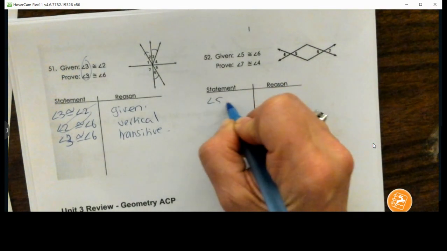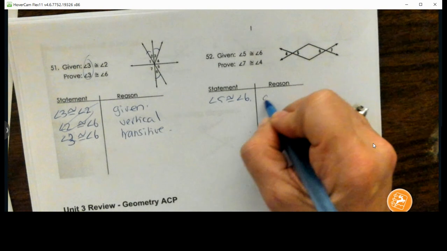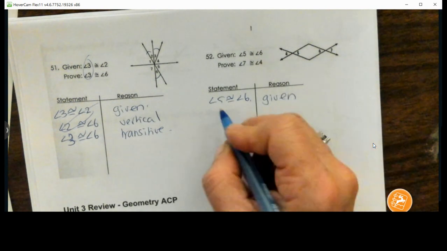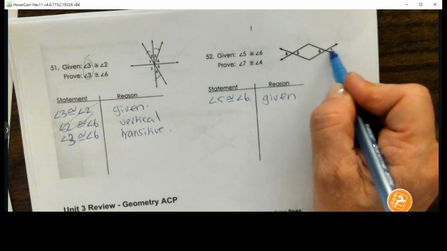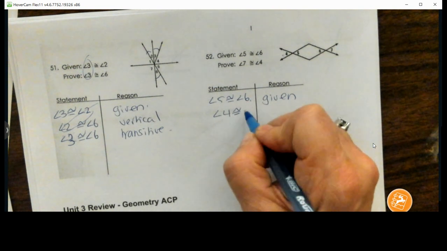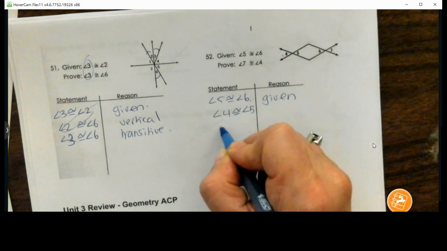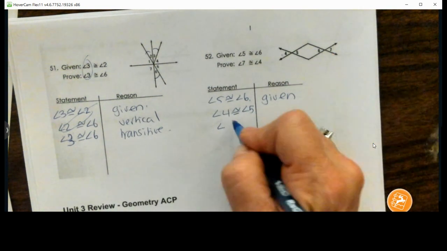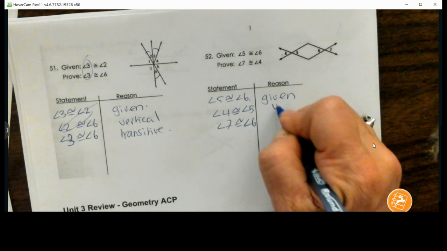We're given angle 5 is congruent to angle 6. That's given. And I have 2 vertical angles that I'm just going to put down here. Angle 4 is congruent to angle 5, and angle 7 is congruent to angle 6, and those are because they're vertical. And now we're going to do some transitive.